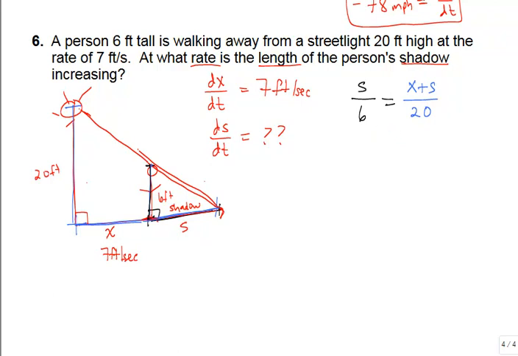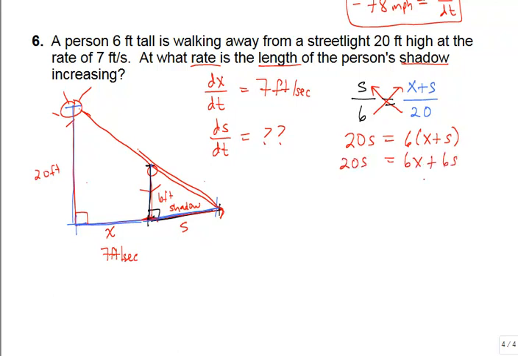Now to actually solve this and simplify it a little bit, you probably will want to simplify first before you start taking derivatives. Otherwise it gets kind of messy with all these fractions. So since it's a proportion, I'm just going to cross multiply. We get 20 times s, or 20s, equals 6 times this whole numerator, x plus s, which becomes 6x plus 6s.